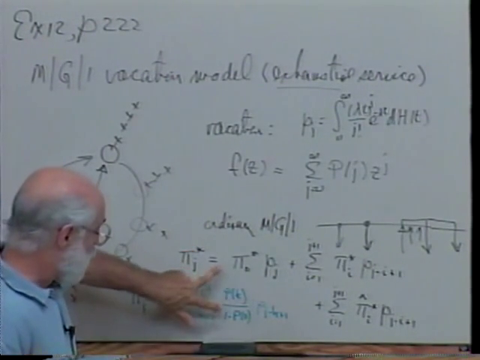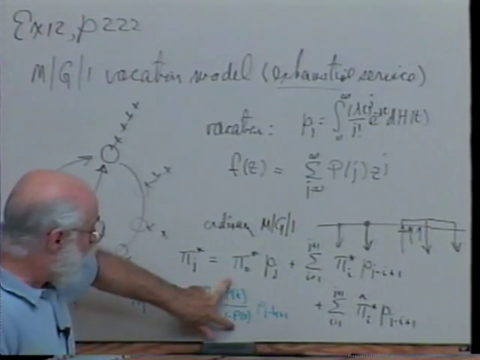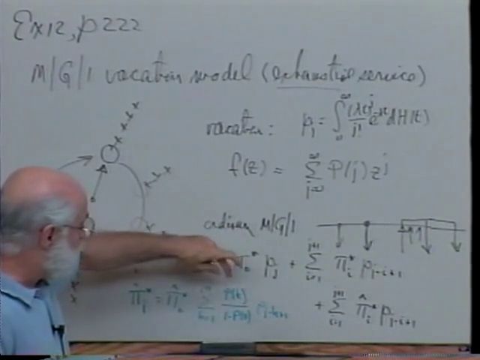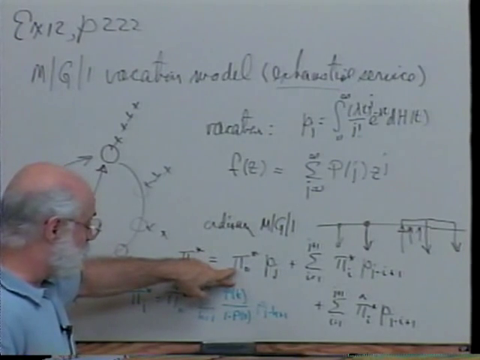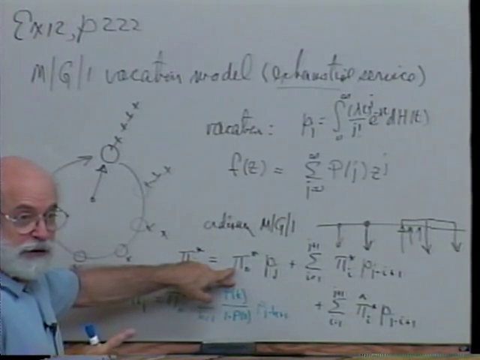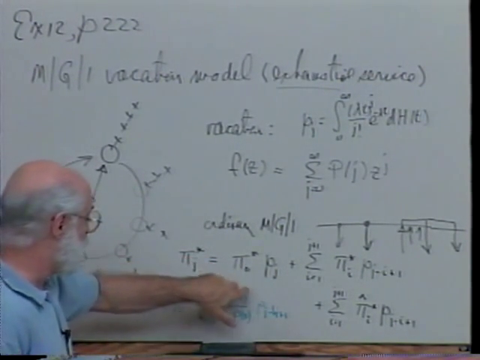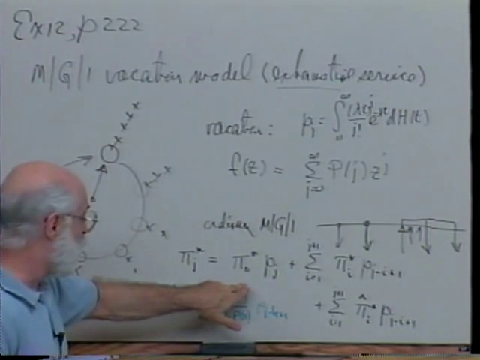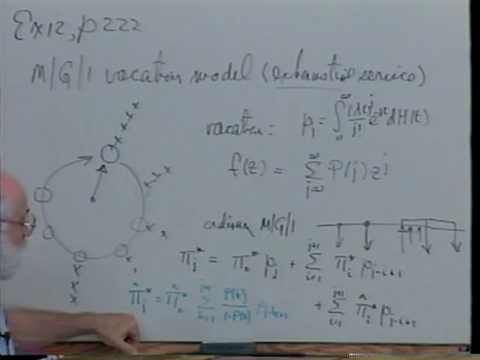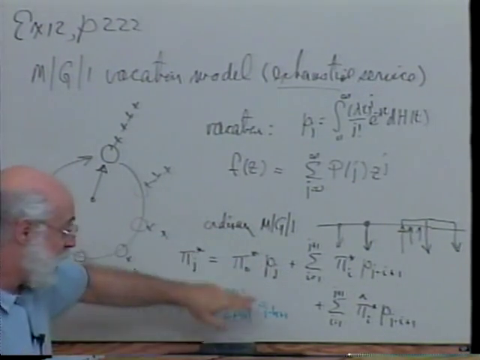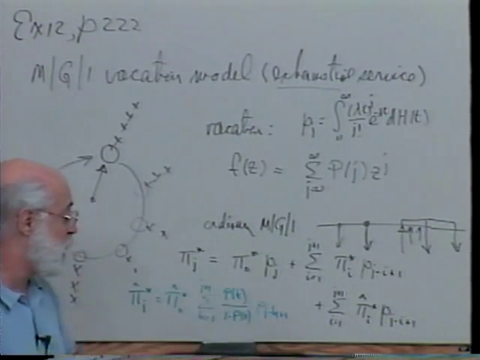Okay, now, if when the server begins to work, he finds exactly k, then when the server finishes serving the first of those customers, and we have the first service completion epoch, the probability that he will leave behind exactly j is the probability that during that service time, exactly j minus k plus 1 occur.